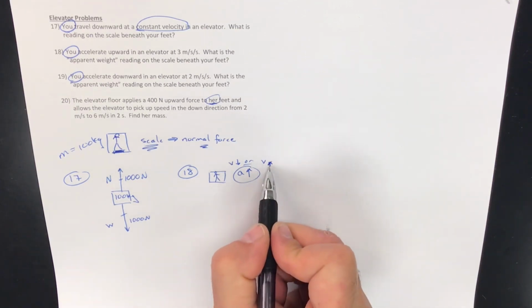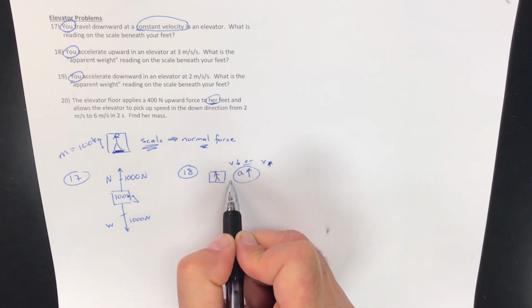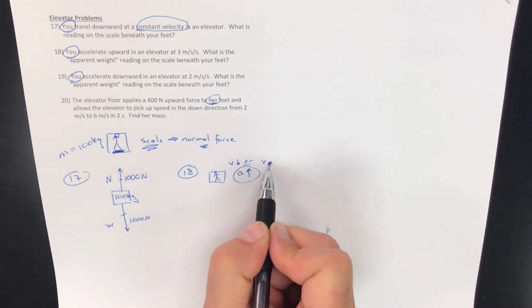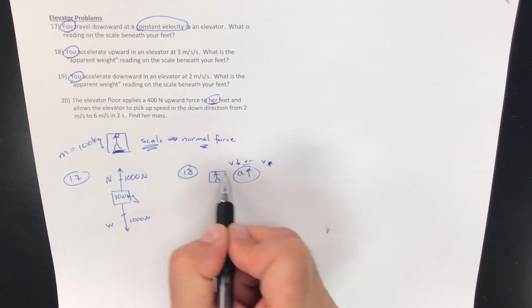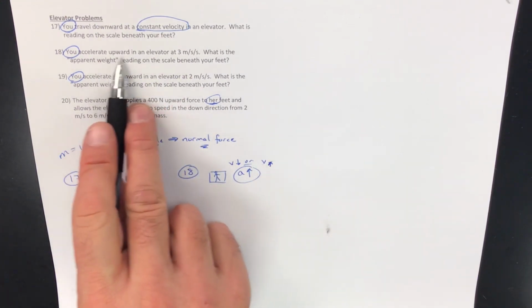So you either hit the button to go up and you're accelerating upward, or you reach the bottom and you're slowing down. Velocity down, acceleration up, or velocity up, acceleration up. This gives you no information as to the direction of your velocity.